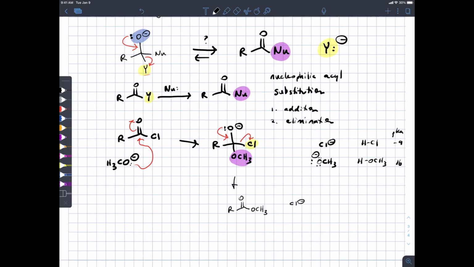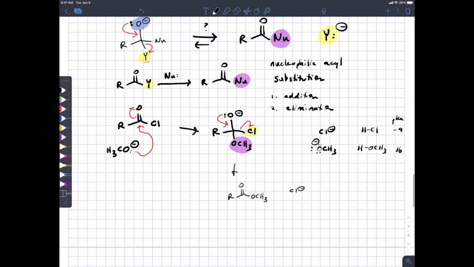Which you can do, but it's pointless, because if you understand these basic reactivity patterns, the product follows obviously from the starting materials and the reagents. All right, questions about that?